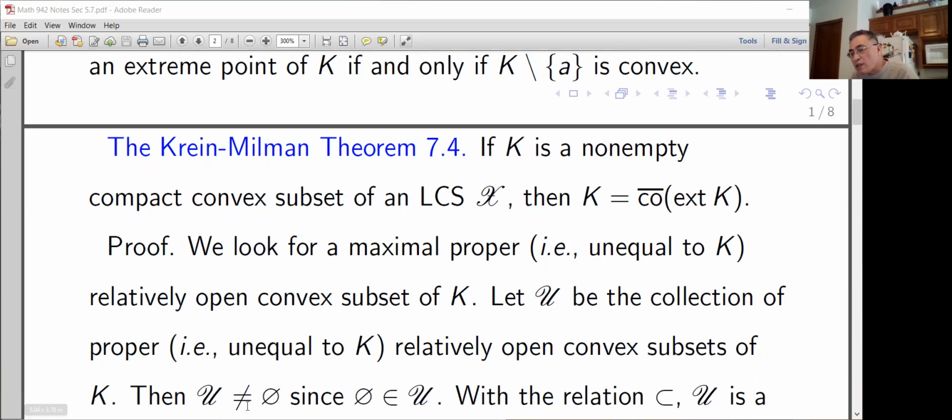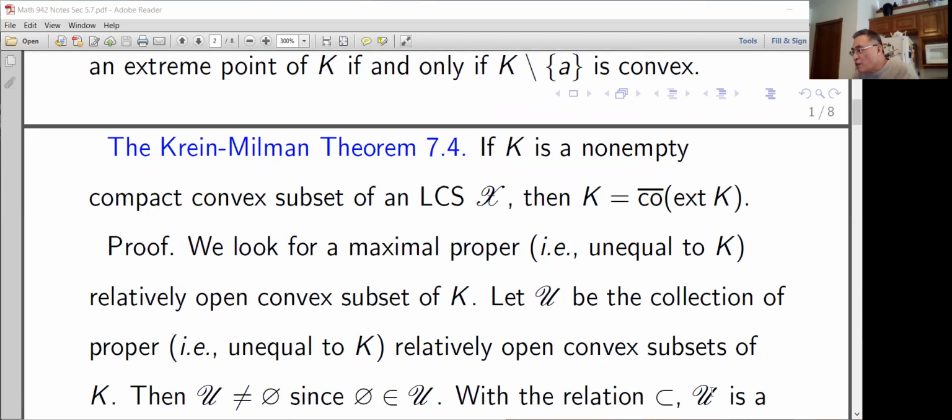Then U is non-empty because U contains at least one element: it contains the empty set.